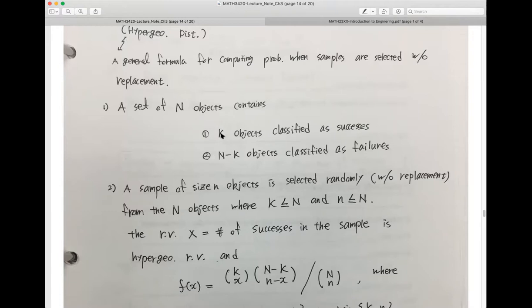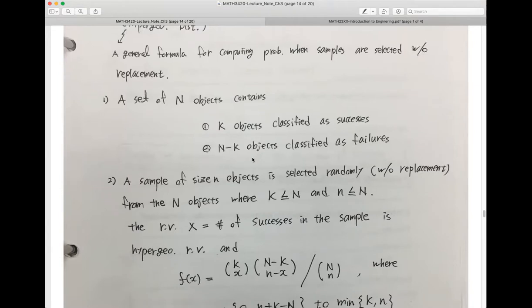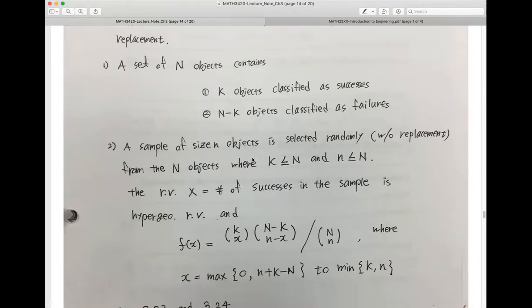The capital letter K is the number of objects classified as successes in the population. Then N minus K is the number of objects classified as failures. We select objects to construct the sample randomly without replacement. Then lowercase n is the sample size.